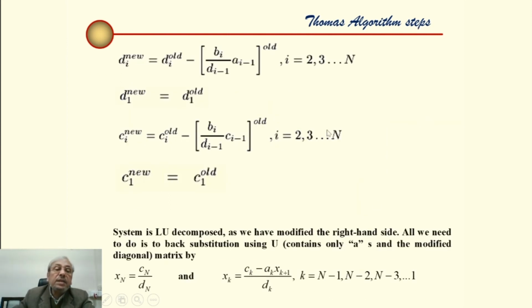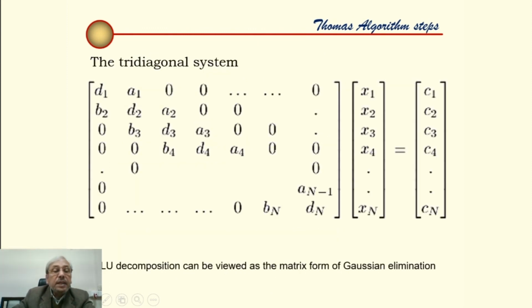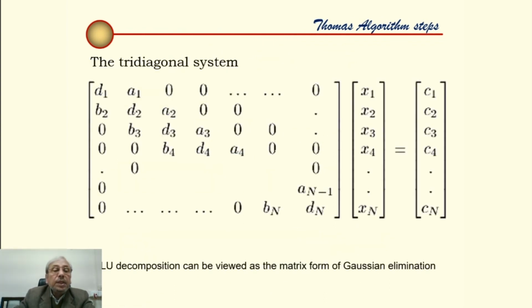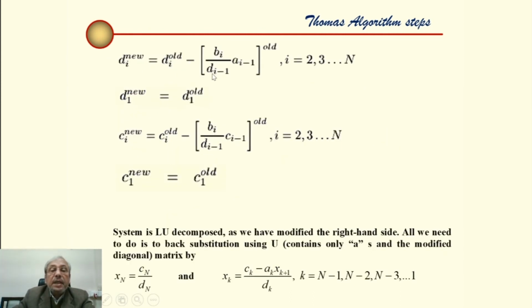And how are these changed? Di new in general is Di old minus Bi divided by Di minus 1 into Ai minus 1 old. All these i's are indices for the d's, b's and a's. This is for i equal to 2 to n.